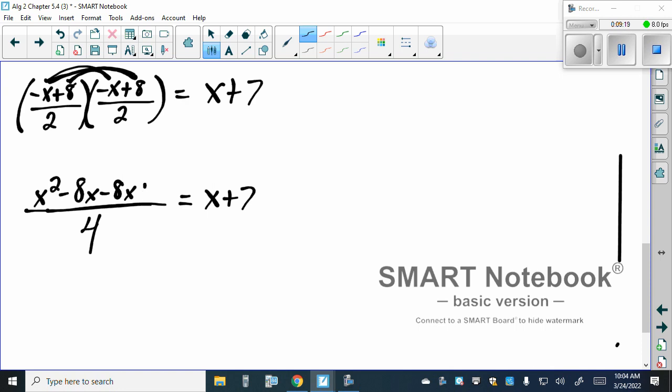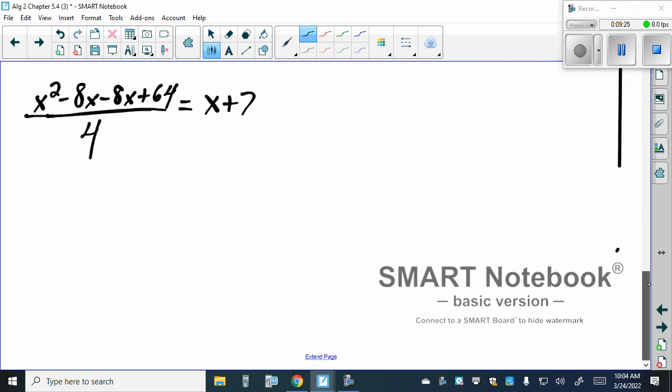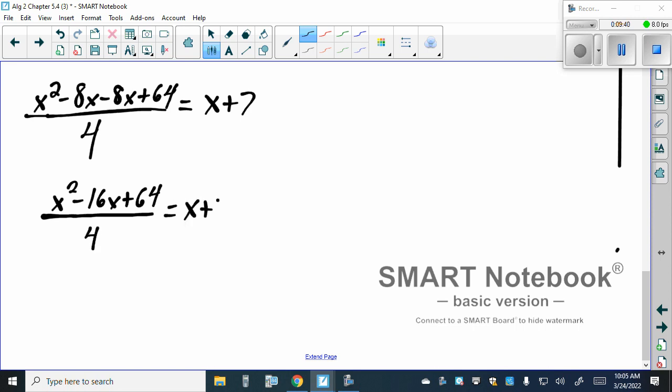And 8 times 8 would be plus 64. Now if we combine like terms, we would get x squared minus 16x plus 64 divided by 4 is equal to x plus 7.